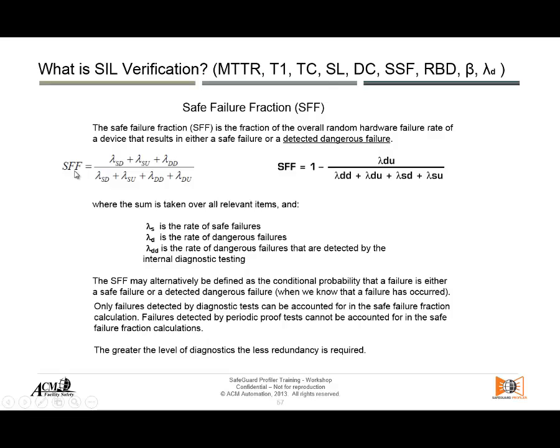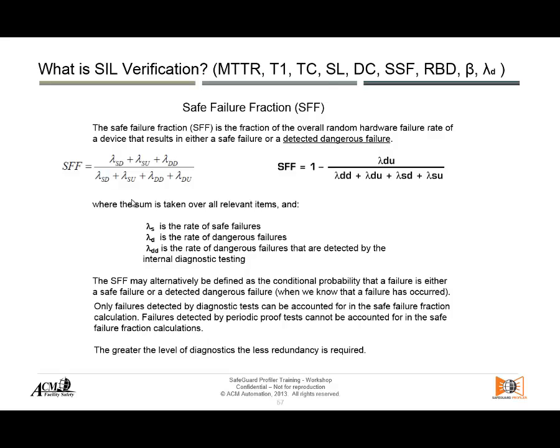What is important to know about this safe failure fraction is the dangerous failure fraction, and we will see some tables on IEC 61511. Those tables tell us that if we have a piece of equipment that has more than 40% dangerous failure fraction, then that equipment is not good enough, and we need two of them, or some type of redundancy, in order for the SIL level to be reached.